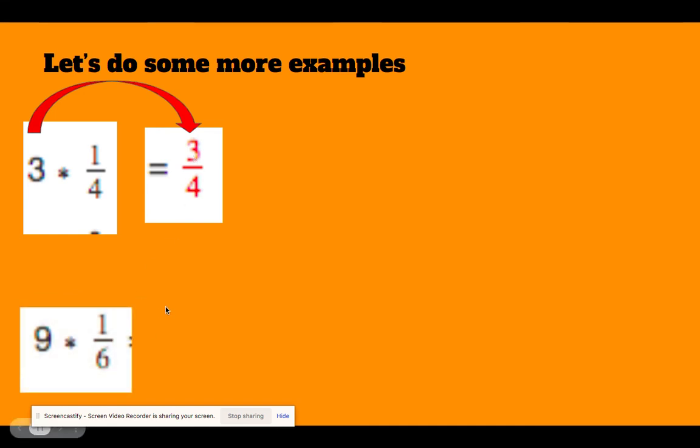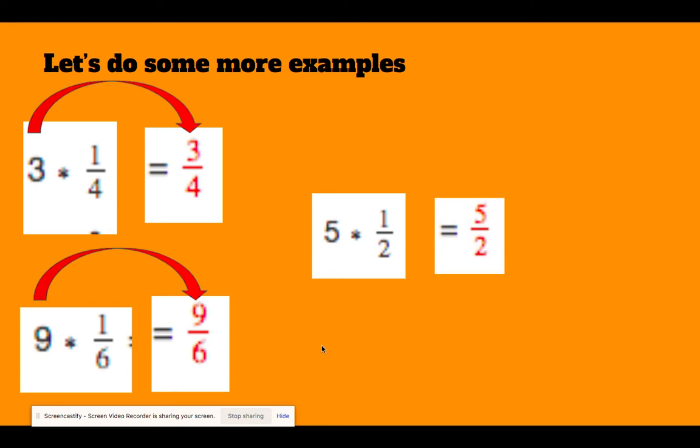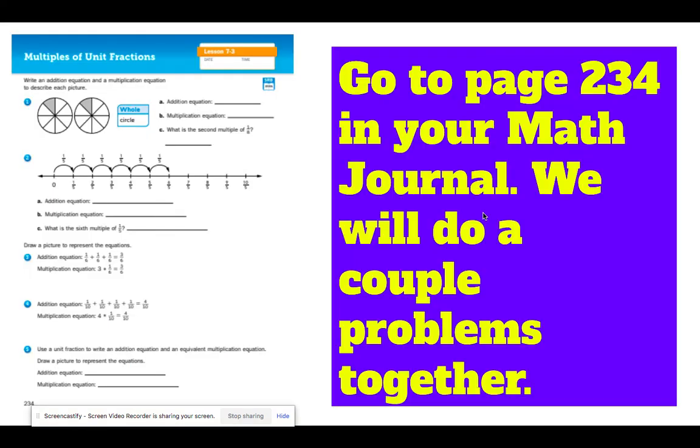So 9 times 1/6 would equal 9/6. And again, your whole number goes on top here, and you slide your denominator. So 9 times 1 is 9, and then you just slide your denominator over. Let's look at this, 5 times 1/2. So again, the answer here is 5/2. So again, that whole number is the numerator in your answer.